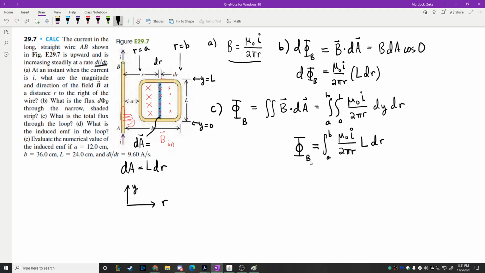It is not a function of r, though. The magnetic field is a function of r. It's also a function of the current. But I, mu naught, and 2 pi are all constants that can be pulled out of this integral. So we pull those out. We just end up doing the integral from a to b of dr over r. And then that integral is, which one is that one? What do you get when you do that integral?